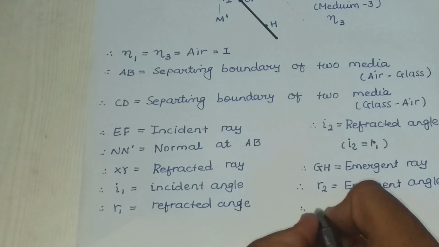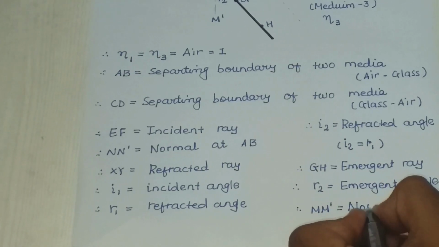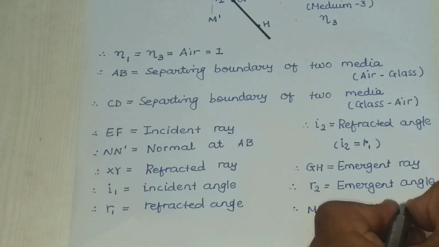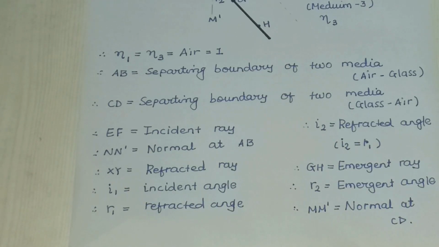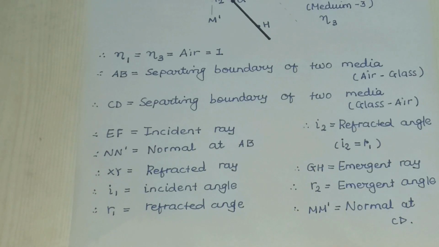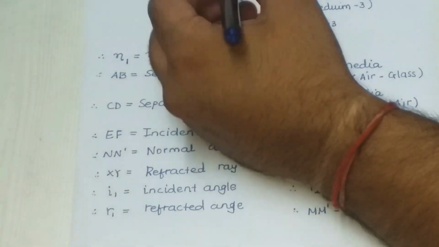Next, M dash is the normal at CD. Now first we apply Snell's law at surface AB, and then we apply Snell's law at surface CD.